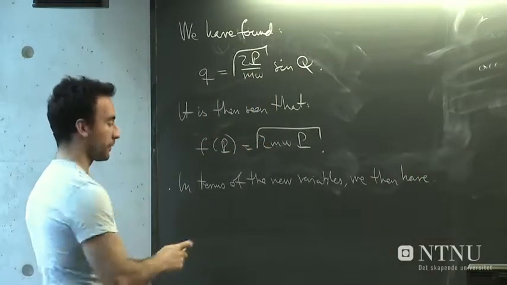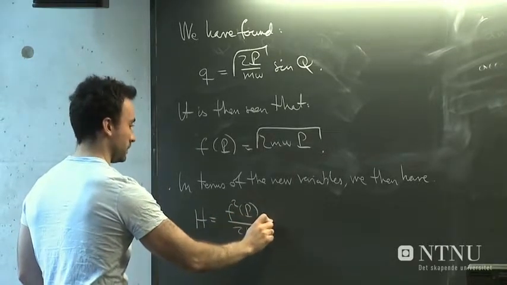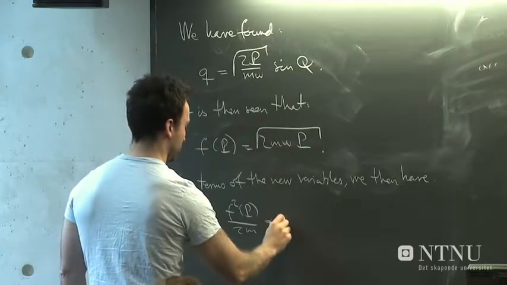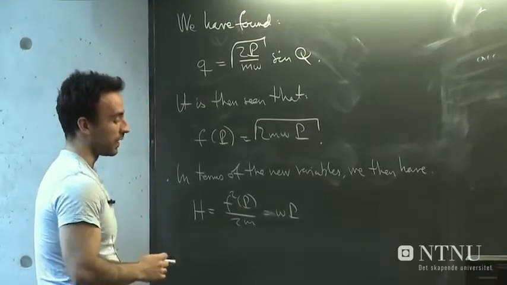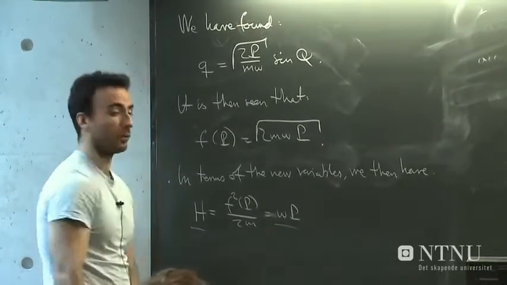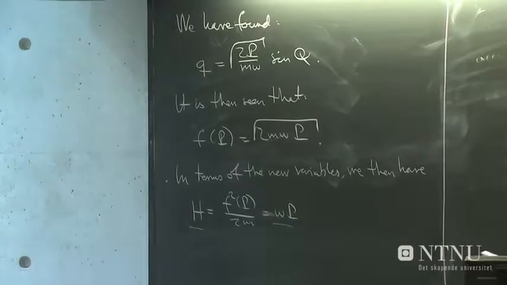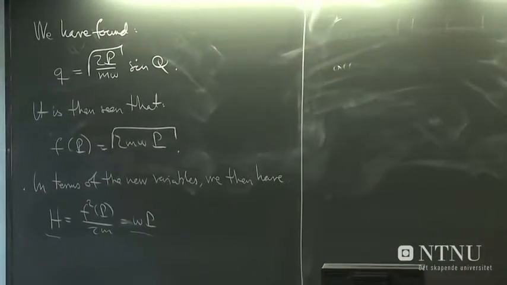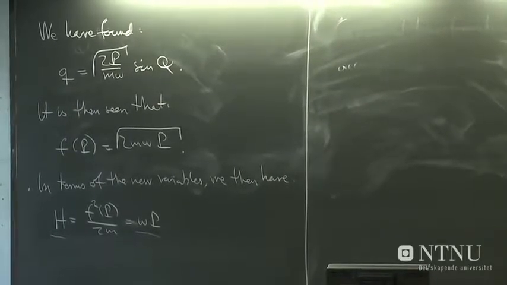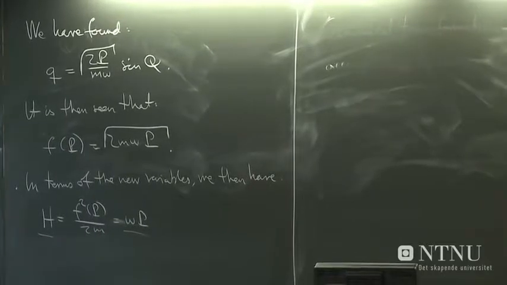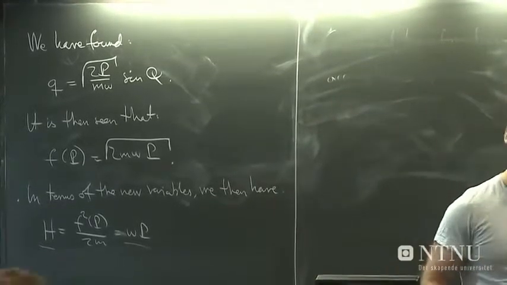So in terms of the new variables, we then have a very appealing form of the Hamiltonian, which is just omega P. So it really doesn't get much simpler than this, a constant multiplied with one of the variables.